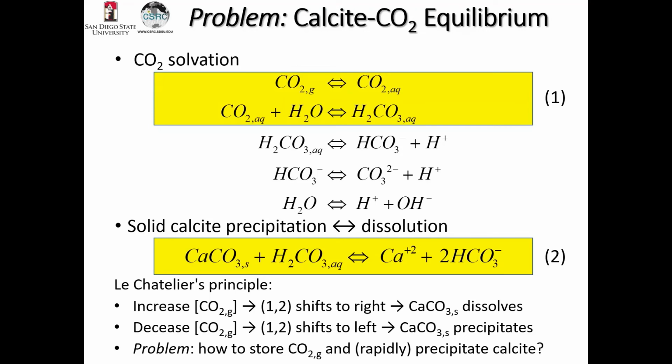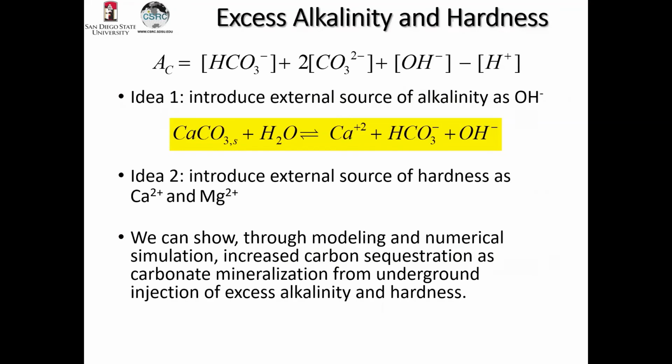So the question becomes, how do you counteract this effect if you have this acidic front that's forming ahead and dissolving already stored carbon and calcite? Well, one idea you can do is introduce what's called excess alkalinity. So along with your injectant of CO2, if you introduce a source of alkalinity, shown here by hydroxide ion, then you can counteract this, right?